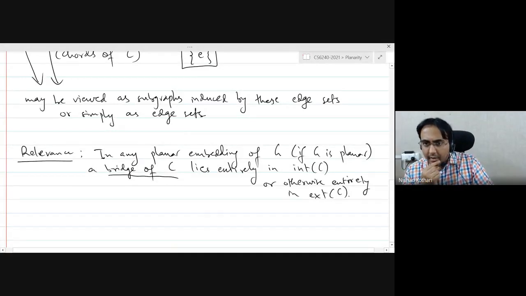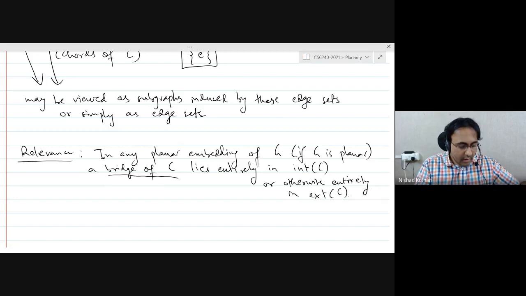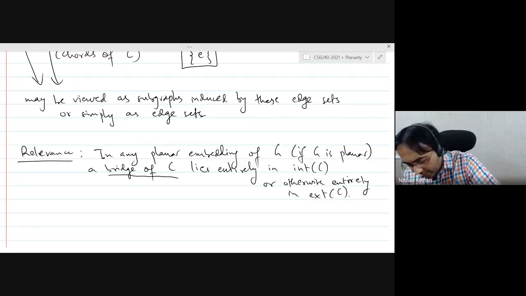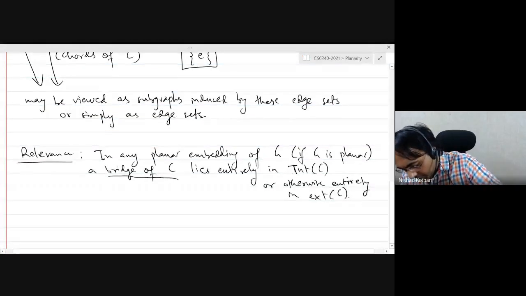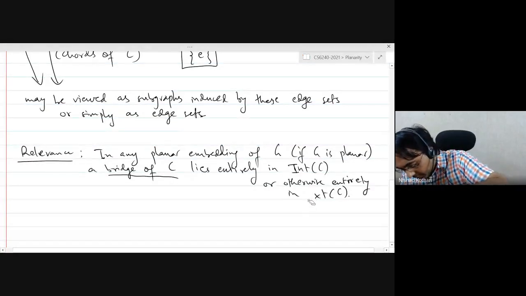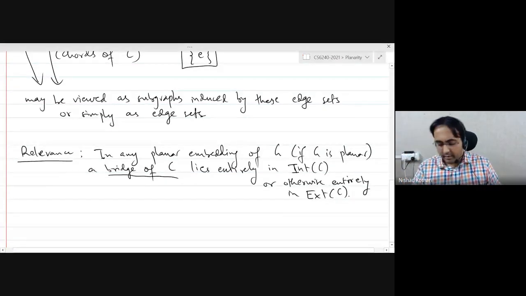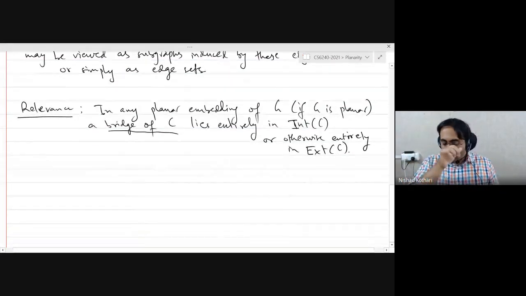Okay, good. Maybe I should put capital I and capital E, because you also need to put the vertices of the bridges, which are actually on the boundary of the cycle. Right? Okay. Good. Any questions or concerns at this point?